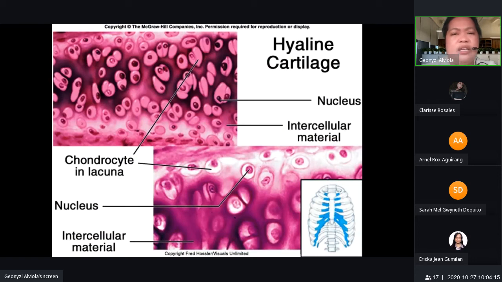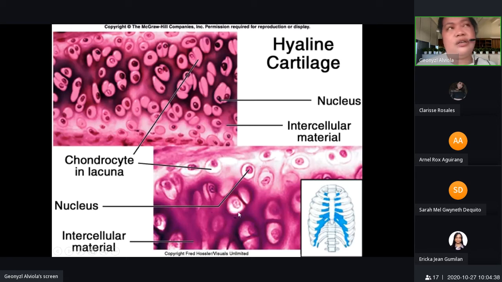Okay. This one has a darker staining. If you compare it with other cartilage, see that the matrix is clear, with no other fibers. And these are the chondrocytes enclosed in a lacuna.